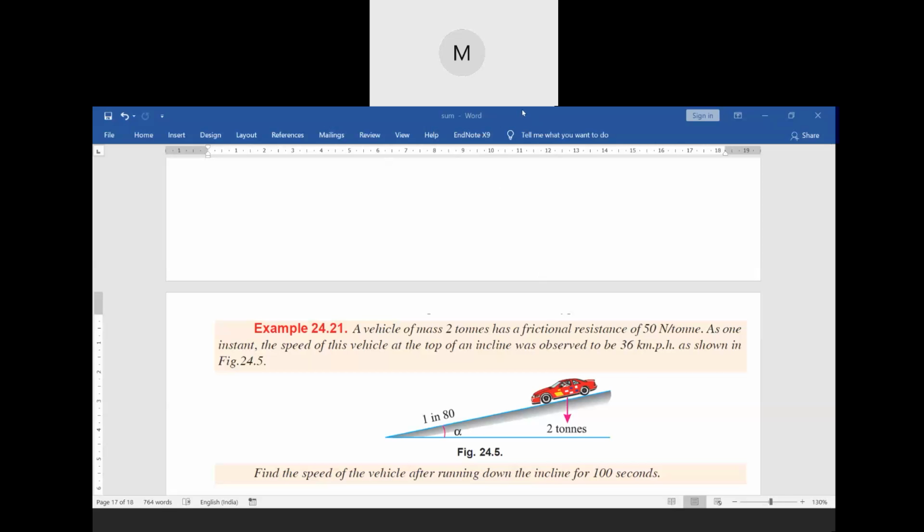Not done. Someone gave attendance. I'm not asking you to give attendance, I'm asking you to solve the numerical. Net force 145. Good. And what about the others?